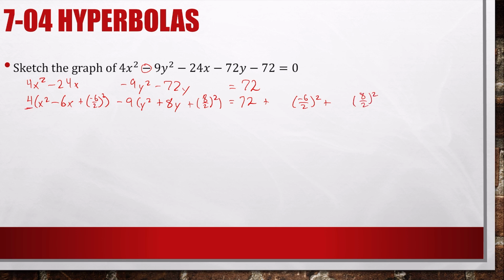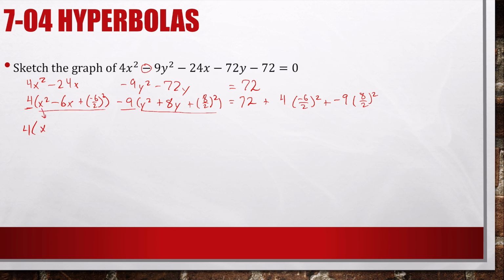But there are 4 times the x's. Therefore, the negative 6 over 2 squared needs to be added 4 times. And there's negative 9 times the y's. So this 8 over 2 squared needs to be multiplied by negative 9. All right, then factor.